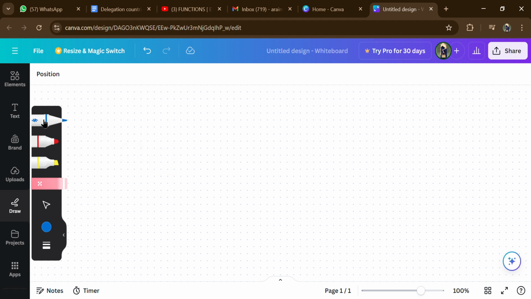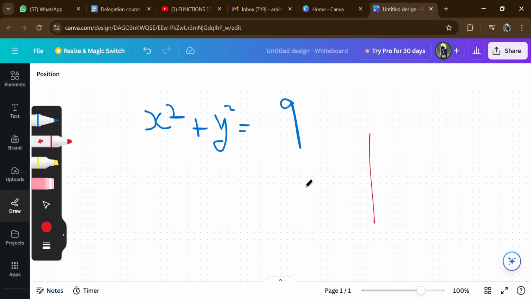Let's do some more examples. Now secondly, if you are given a condition x square plus y square is equal to 9. Now if you observe, the formation of the graph would be 9.